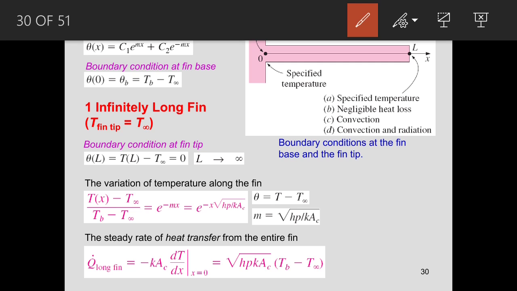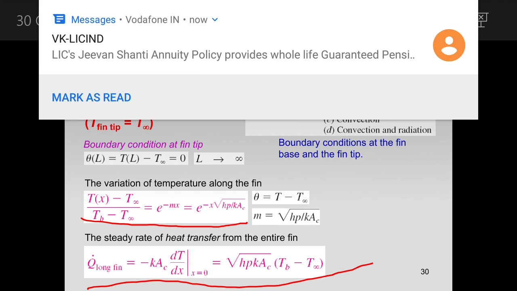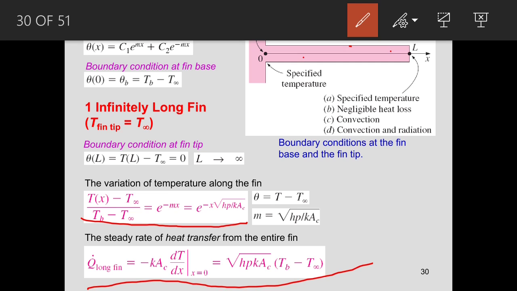This is the formula to find the heat transfer rate from a very long fin, and using the temperature relation we can find the temperature at any point on the fin if we know the value of x.